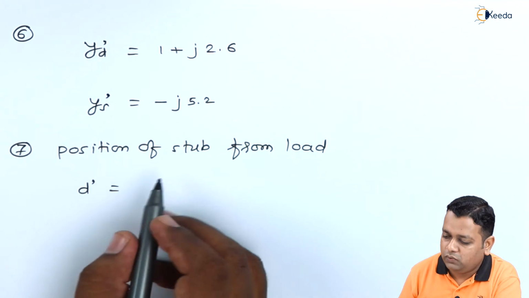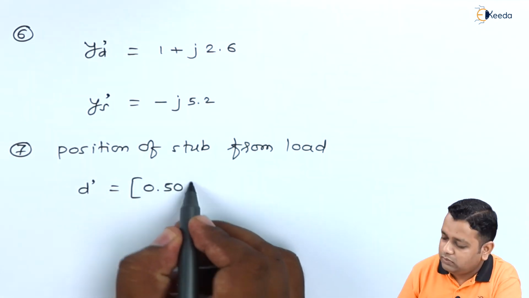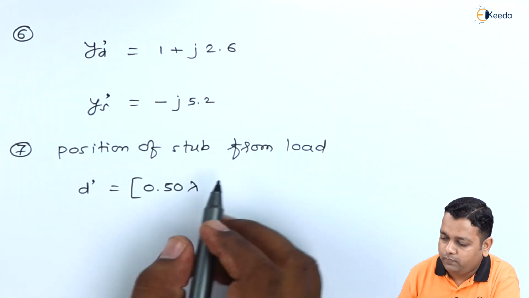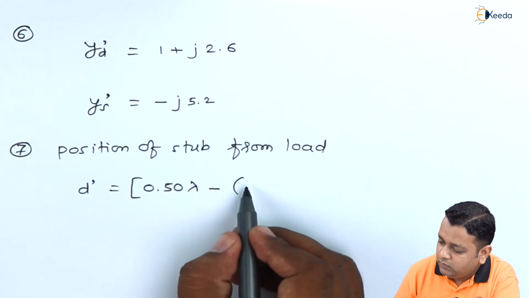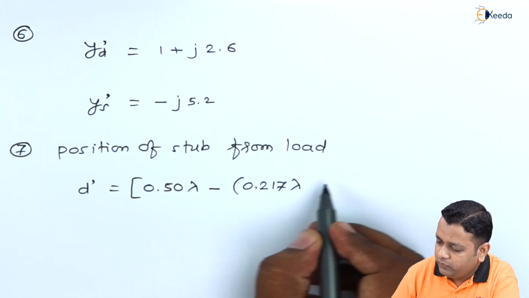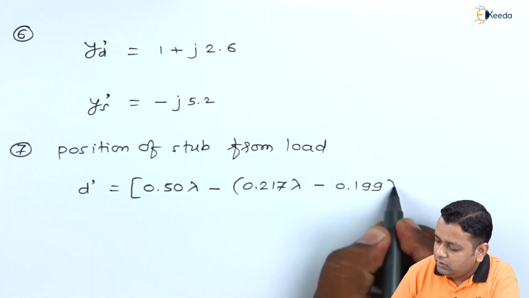So the D dash will be computed as 0.50 times lambda, the complete wavelength range on the Smith chart, minus 0.217 times lambda, minus 0.199 times lambda.